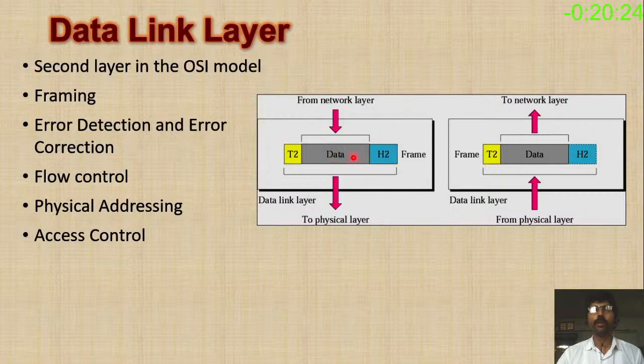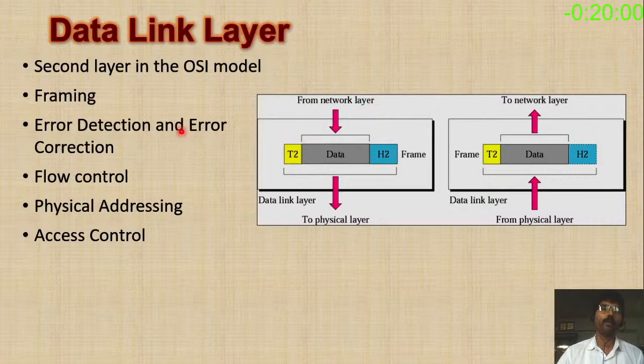For these frames, some additional bits are attached at the beginning as well as the end. A bit pattern is attached for the frame to be identified. That is called framing. Framing means creating a new frame from a packet.